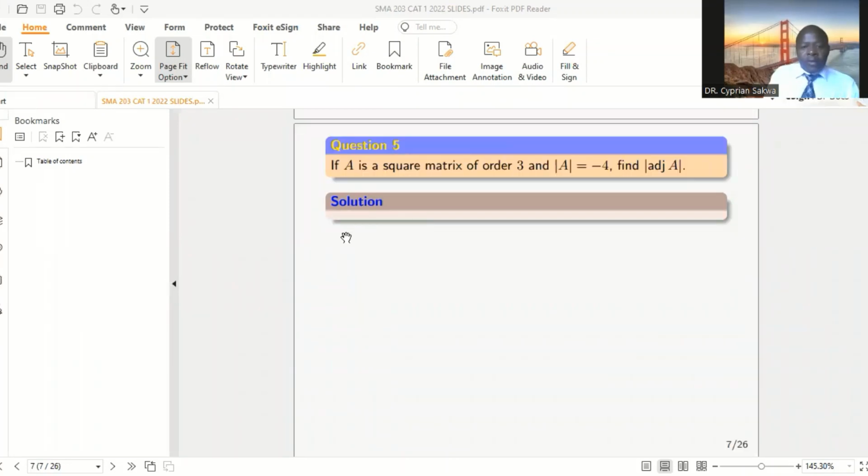Now, this fifth question says, if A is a square matrix of order 3, and the determinant of A is negative 4, find the adjoint of A. This is a very easy question.